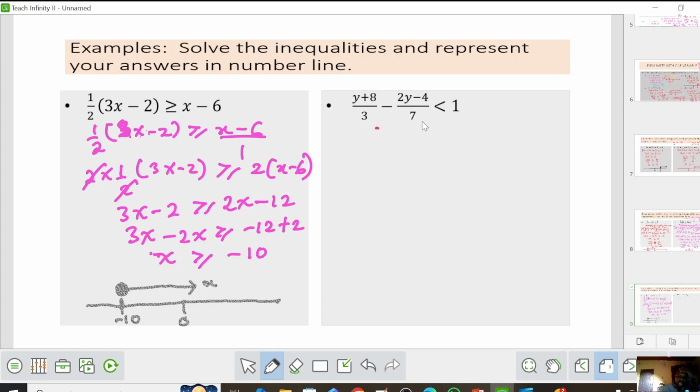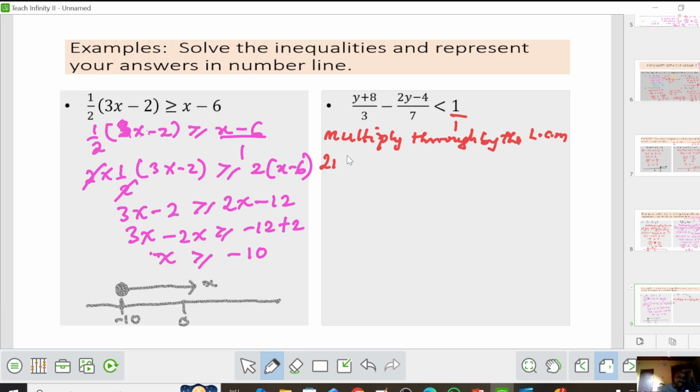So the same thing, this one is fractional, and anything that has a fraction, you multiply through by the LCM. And the LCM of 3 and 7 will be 21.